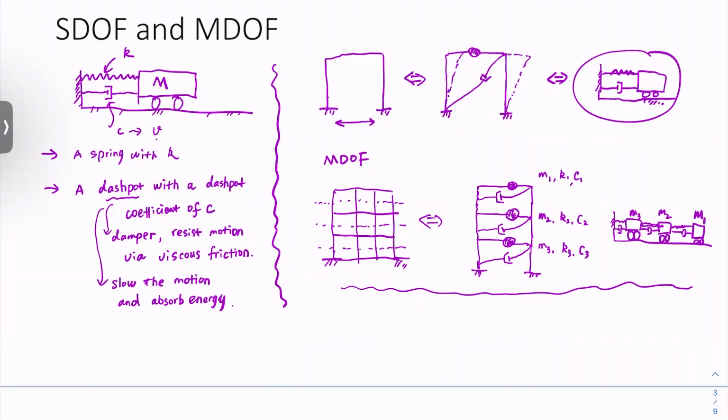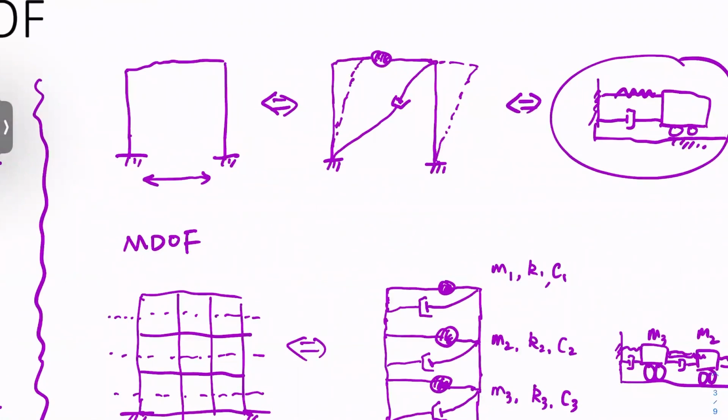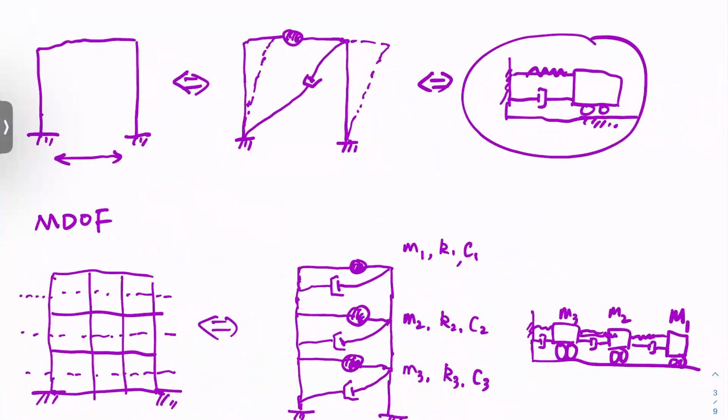Last time we talked about the single degree of freedom system and MDOF, and how we use this analogy to take a look at some structure and have the mass lumped at some point, and use the stiffness of the structure replaced by a spring with a stiffness. Then we throw in a dashpot to reflect the damping of the system, because as with any real material, if it deforms back and forth, the energy will be absorbed.